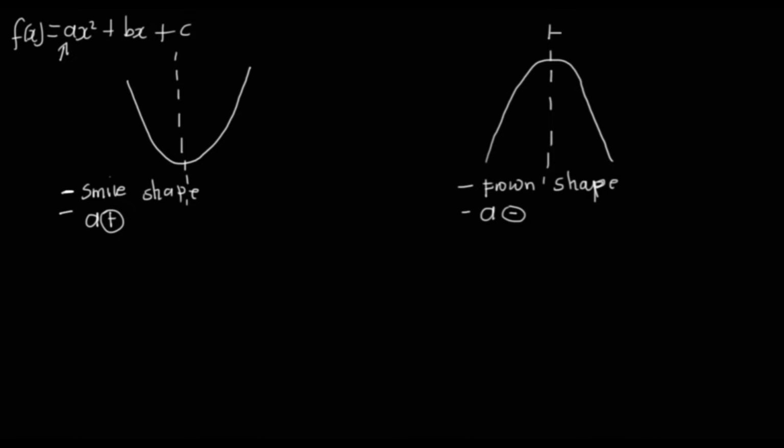Now this line is known as the axis of symmetry, and sometimes you may be asked to find the coordinate of the axis of symmetry. So the axis of symmetry is just a vertical line that passes through the turning point of a parabola.